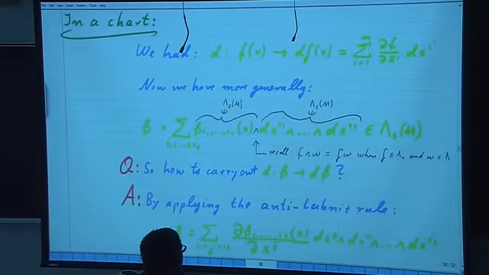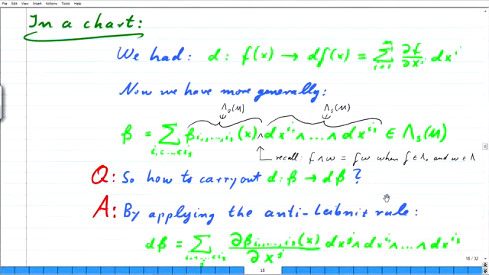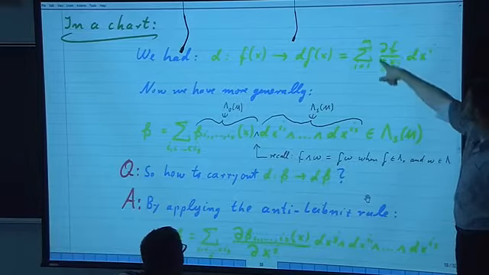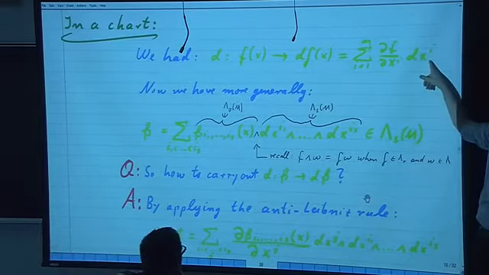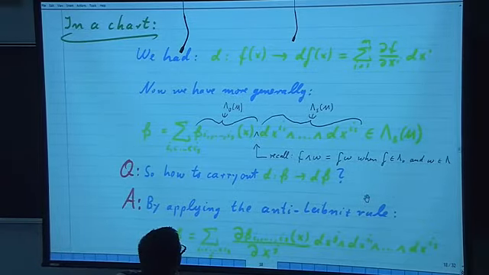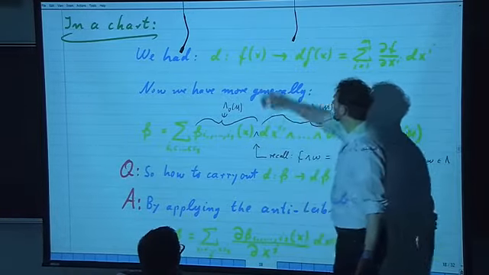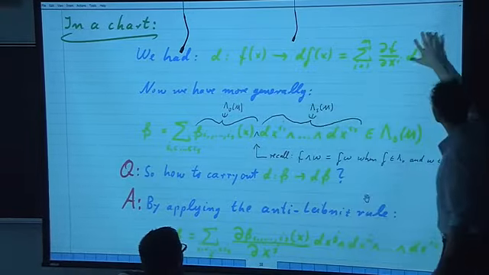So in a chart, what is it going to be? We had that D is mapping functions into their differential. And a differential, if you remember, is this. It's the sum of the partial derivatives times the dxi. That's the differential of a function. This is how D maps functions into one forms.